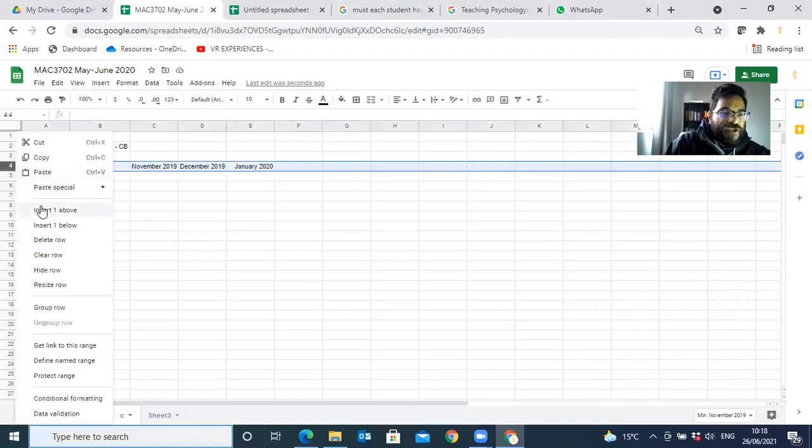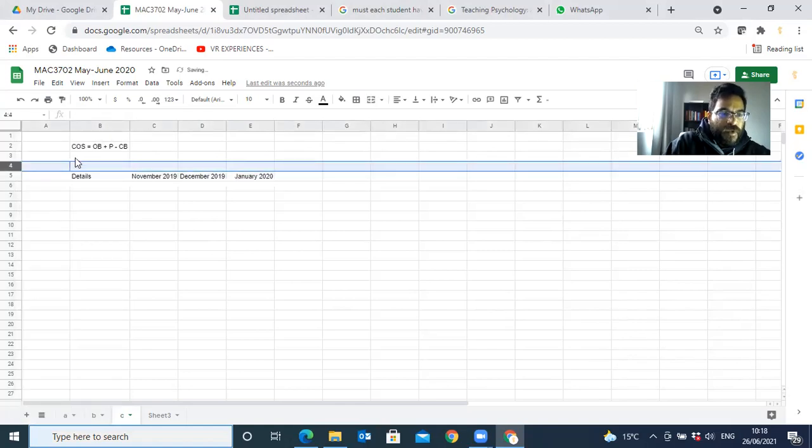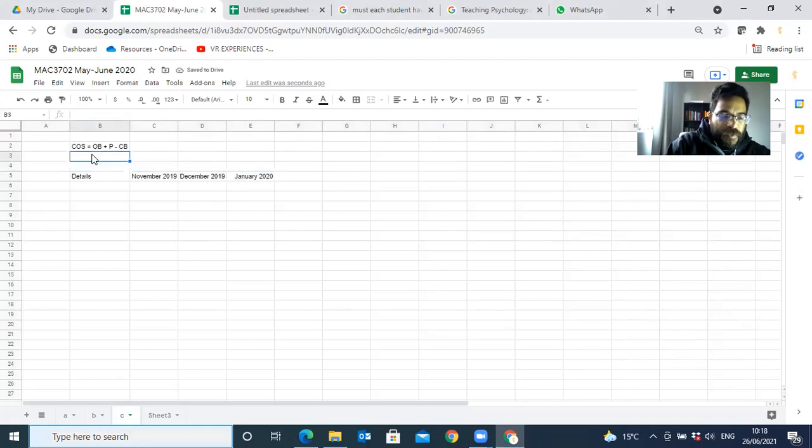We want purchases, or we want production. So I rearrange this equation: cost of sales equals opening inventory plus purchases minus closing inventory. I want purchases alone on one side, so OB and CB must come over. That means cost of sales minus OB plus CB will equal purchases. So you just rearrange that equation.